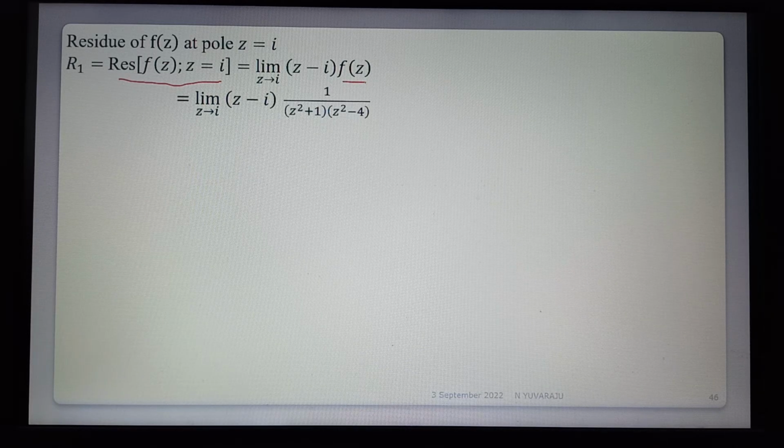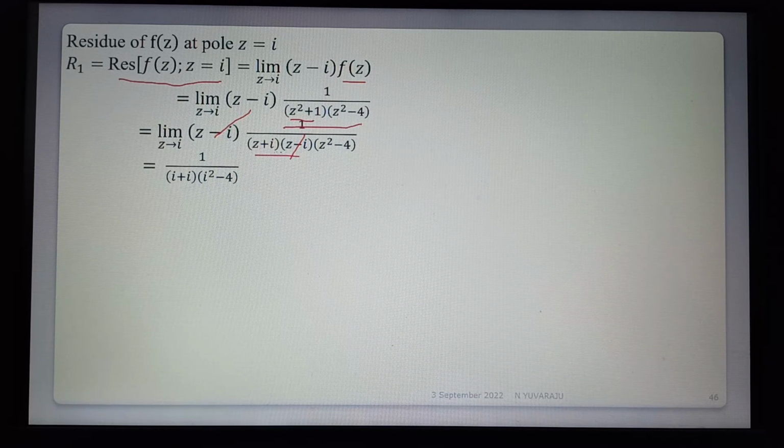Substituting f of z here, take the factorization: z square plus 1 can be written as (z plus I) into (z minus I). So z minus I, z minus I cancel. Now z is equal to I, replacing here, that is equal to 1 by (I plus I) into (I square minus 4). The simplification is minus 1 by 10I. This is the first residue at z is equal to I.